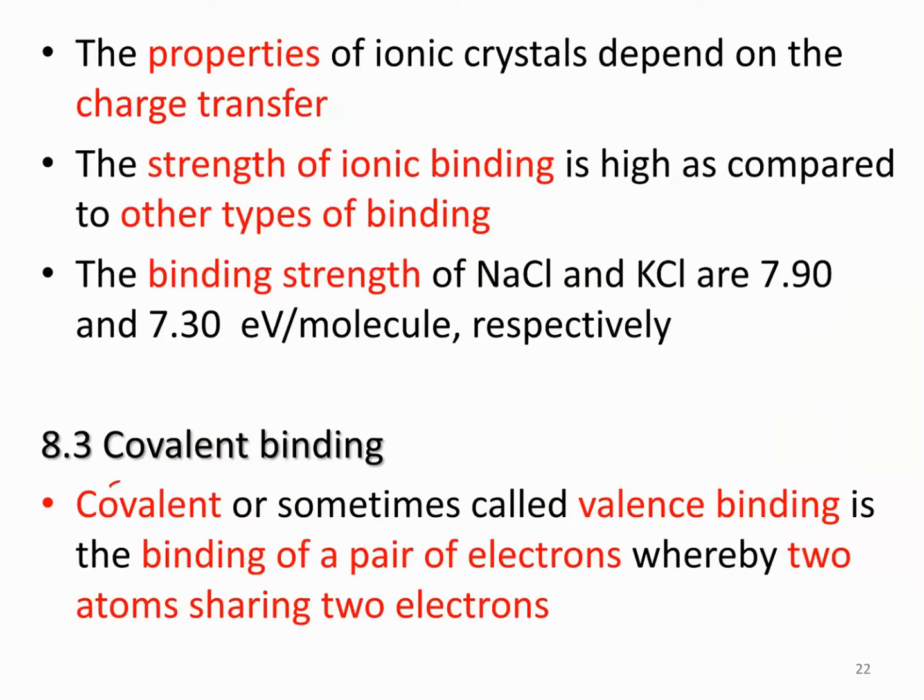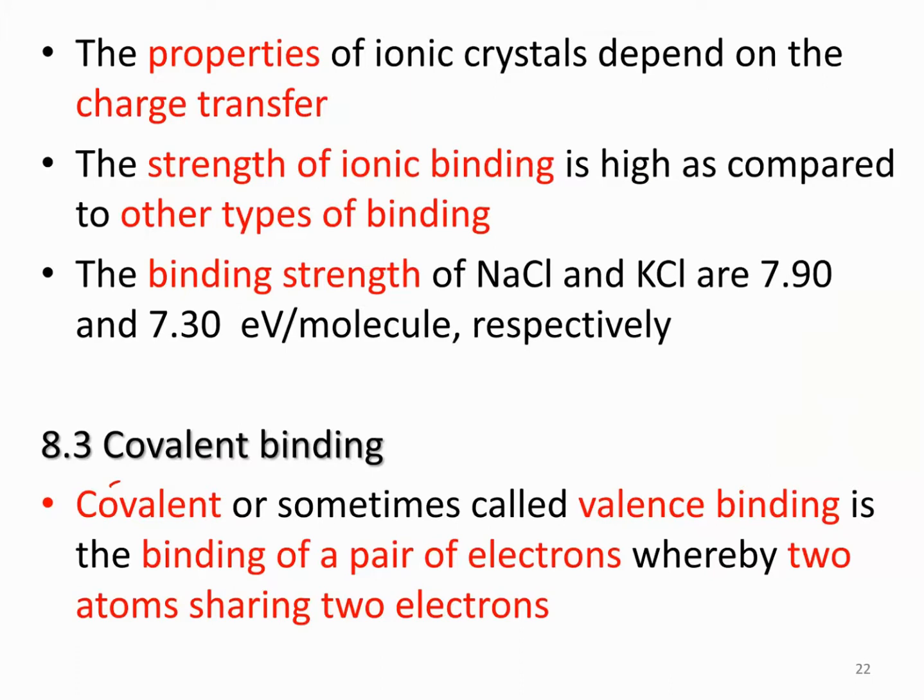The property of the ionic crystal depends on the charge transfer, because it always involves the charge transfer from sodium to chlorine. Sodium donates one electron, it transfers one negative charge to chlorine. Therefore, the sodium becomes positively charged and the chlorine becomes negatively charged. The strength of the ionic binding is high as compared to other types of binding.